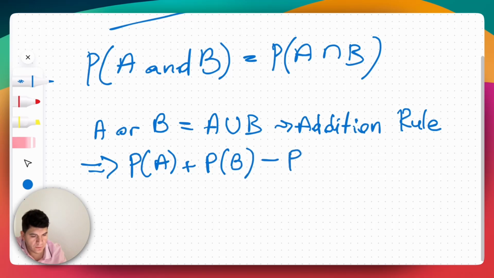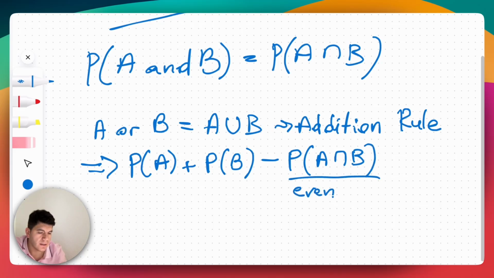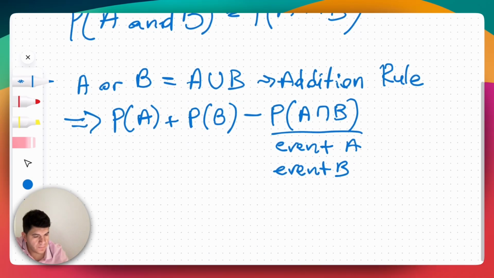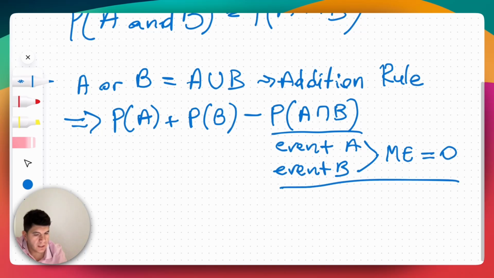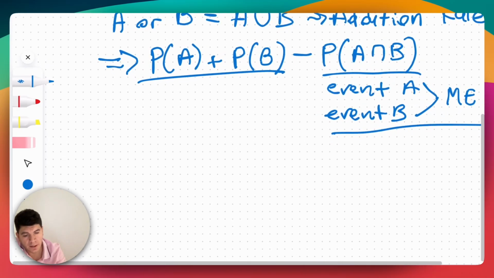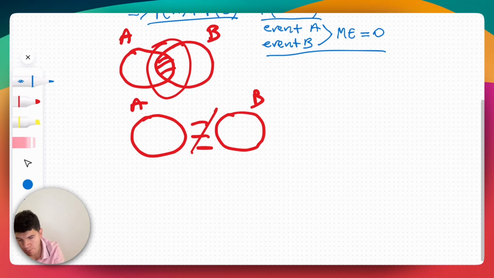Then we have to deduct A intersect with B, okay? And we said if our event A and event B are mutually exclusive events, then this becomes zero. Then what remains is only the probability of event A or the probability of event B happening. So that's the joint probability.